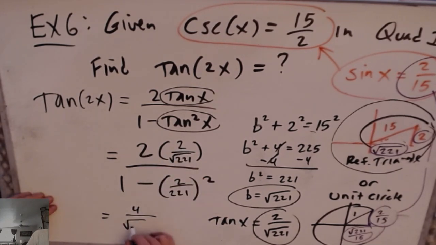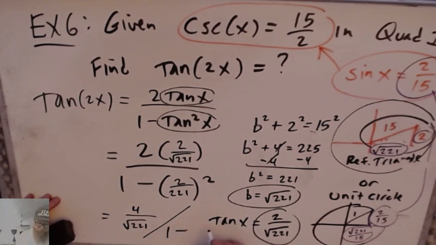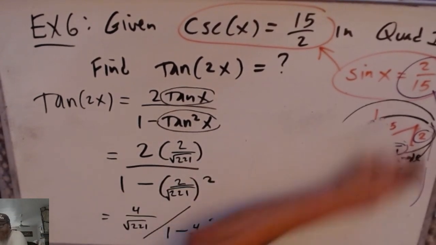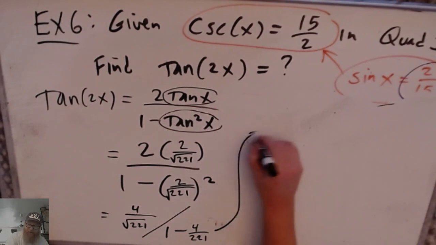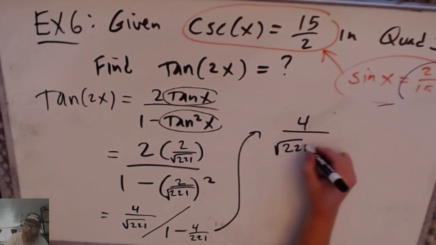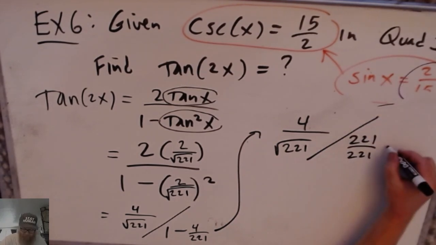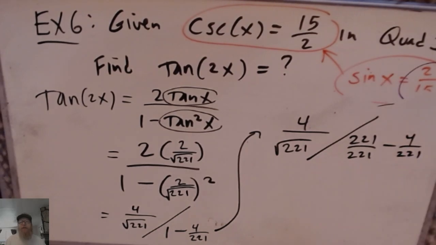That's 4 over the square root of 221, over 1 minus... you're going to square the square root here, so that's going to be 4 over 221. So this numerator still has the radical, but the denominator doesn't. So now I've got 4 over the square root of 221 over 221 over 221 minus 4 over 221.